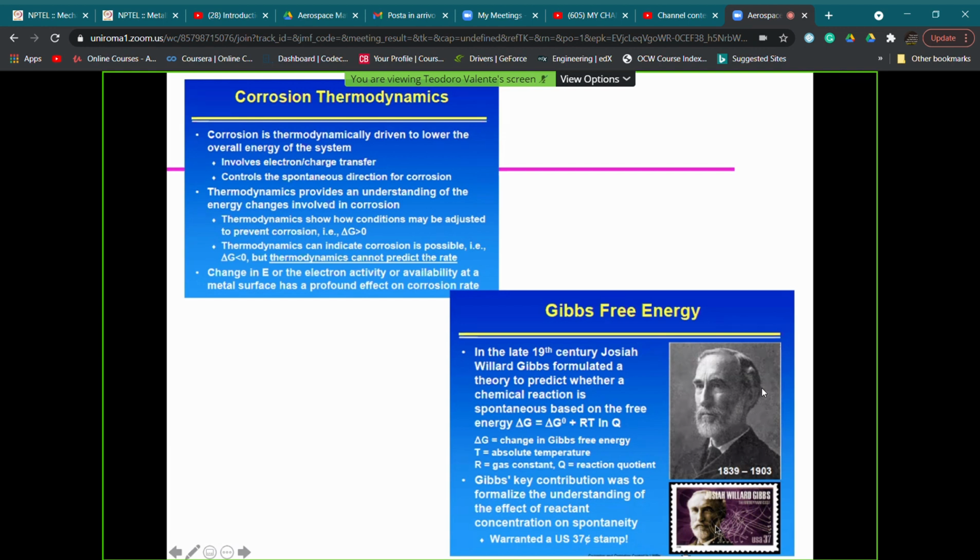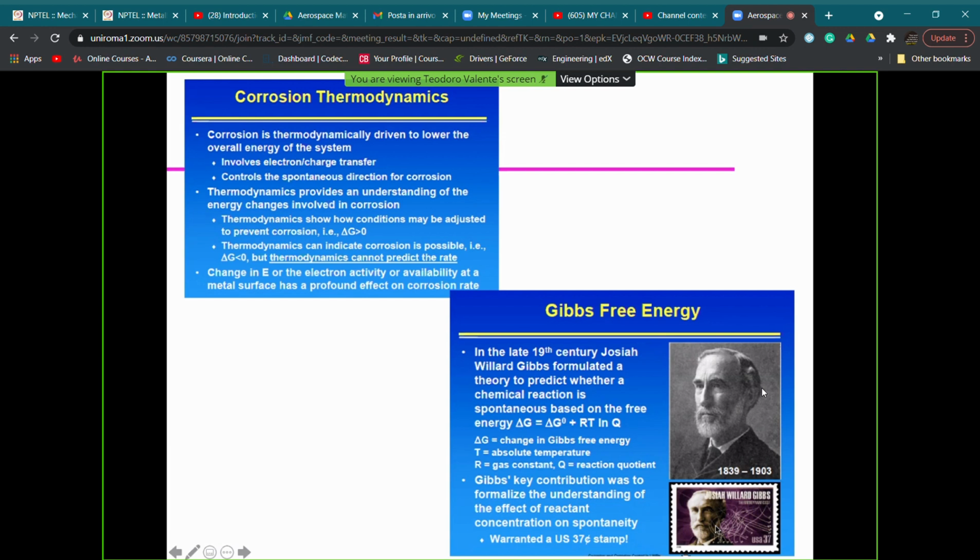And if we want to prevent the corrosion reaction, referring to the Gibbs free energy, delta G, we should verify if our system for that corrosion phenomena is such that corrosion cannot be established during working condition, if the variation of the Gibbs free energy is positive.